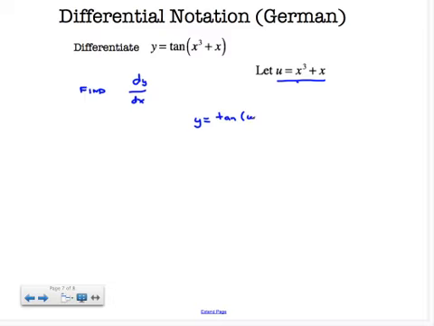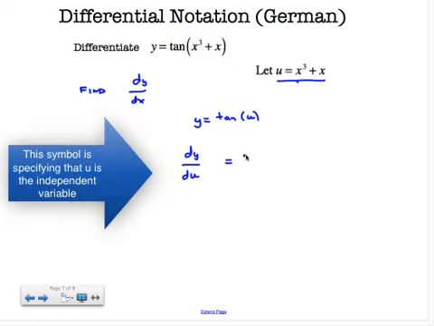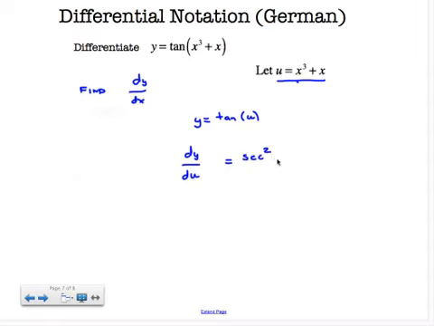And at this point, we can do a derivative, but the derivative we find would not be dy over dx because x is not the independent variable in this picture. The independent variable is u. So the derivative I'd be finding is dy du, and that would be equal to secant squared of u. Now our goal was to find dy over dx.